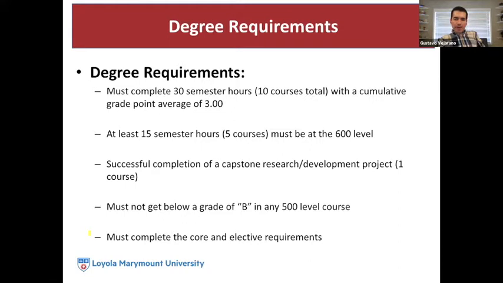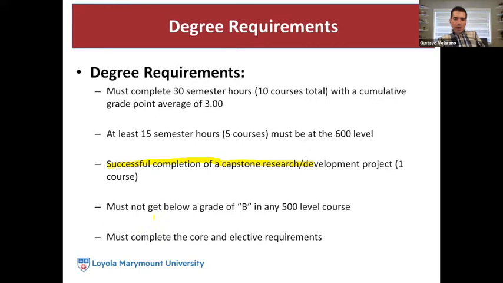Now, before students graduate, they need to complete a capstone research project, which is one of the 10 courses. Our programs emphasize hands-on skills. We want our students to be in the lab, implementing systems, testing them, and therefore we want them to complete a project successfully before they graduate.